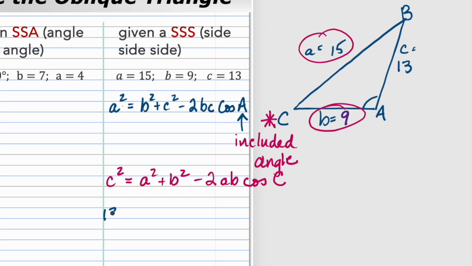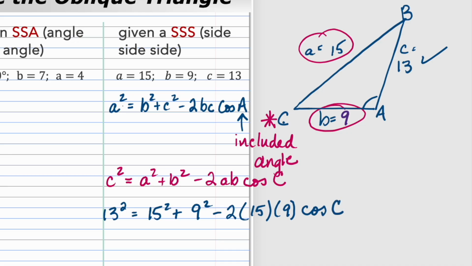We have 13 squared equals side 1, 15 squared plus side 2, 9 squared minus 2 times 15 times 9 cosine of C. We're looking for C.